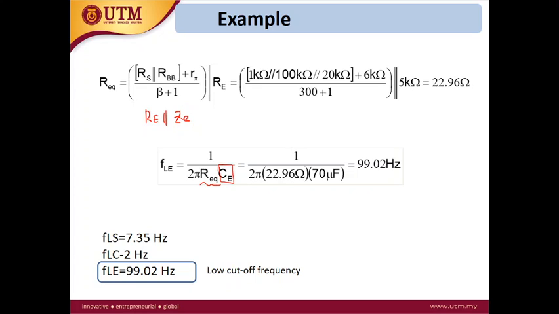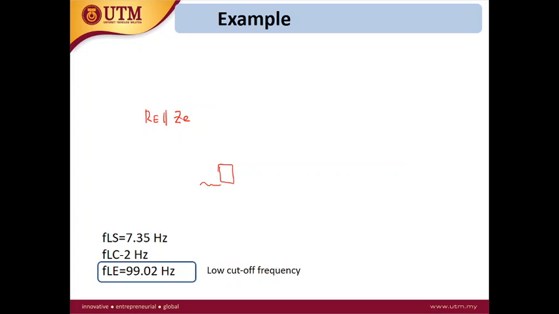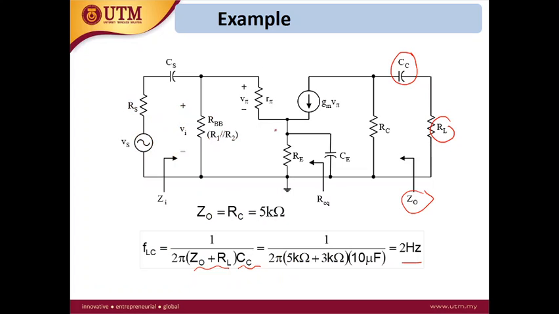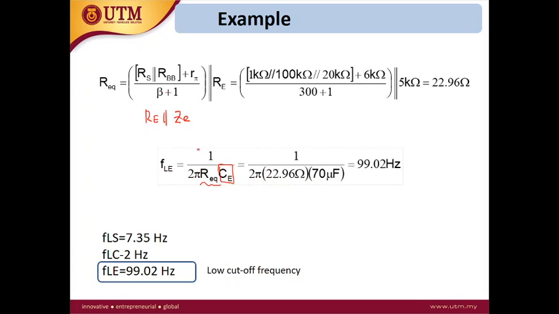So how can we calculate ZE? ZE is seen from the emitter port. So for ZE, we see RE in parallel with r pi plus RS parallel with RB, over beta plus 1.